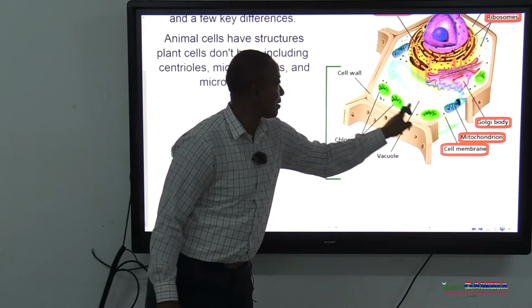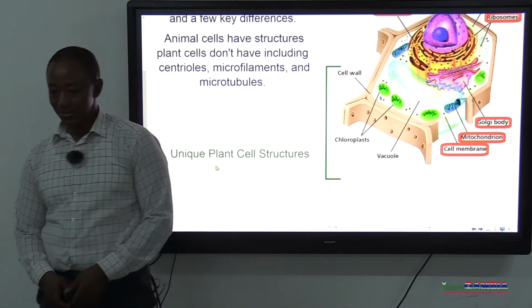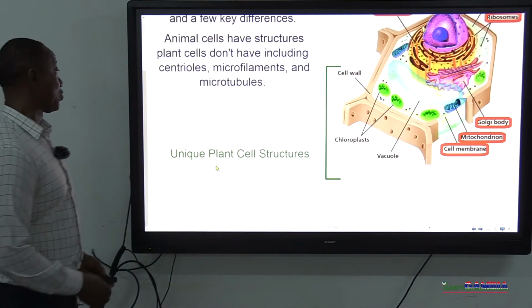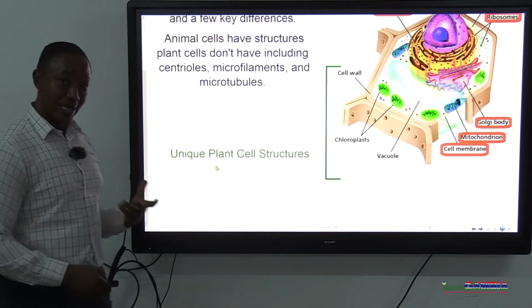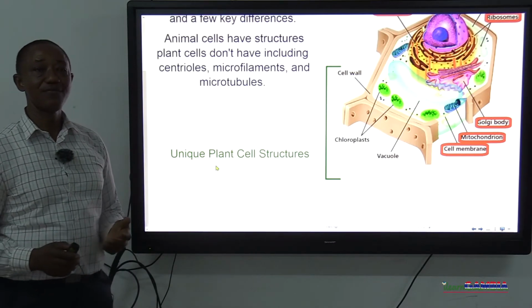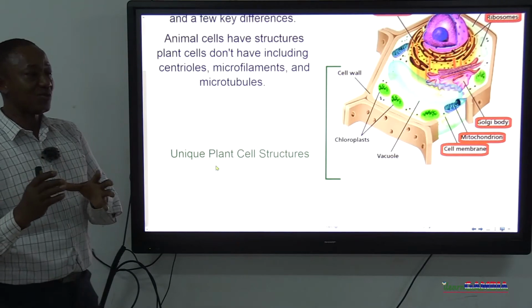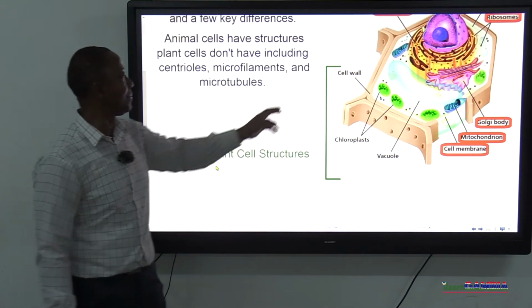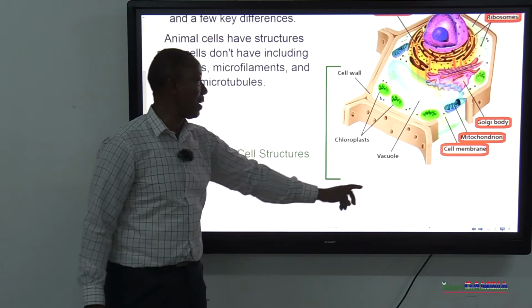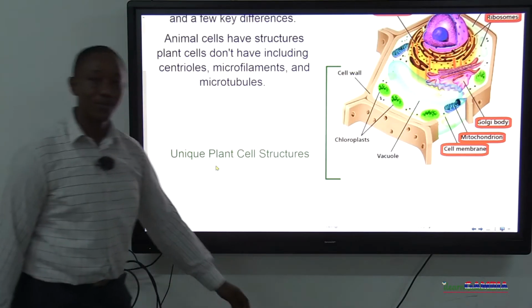This is something like a bluish balloon that you are seeing there. So those are found only in plant cells, not in animal cells. So take note, sometimes you could be asked to give names of structures found in plant cells that are not found in animal cells. It's simply a cell wall, the chloroplast, and a very large vacuole.